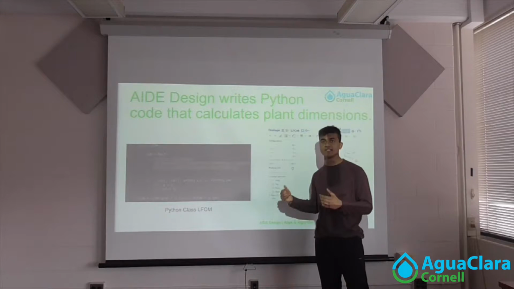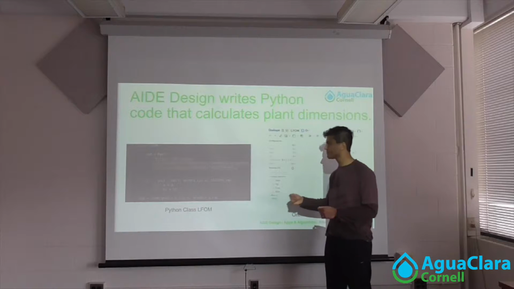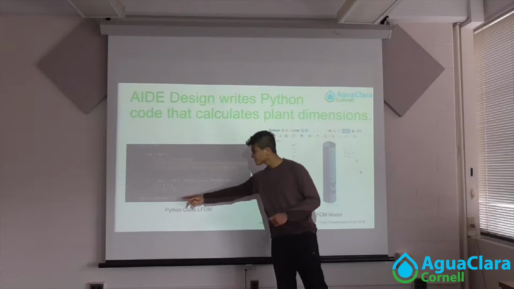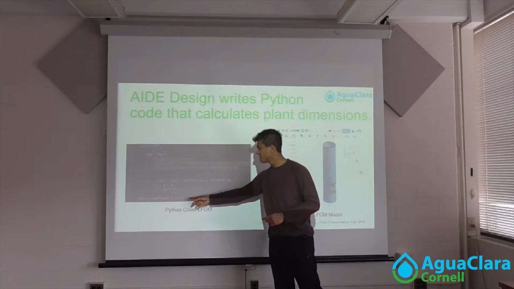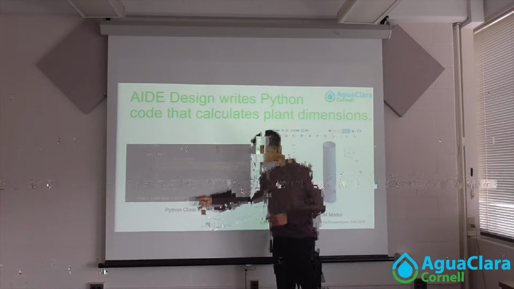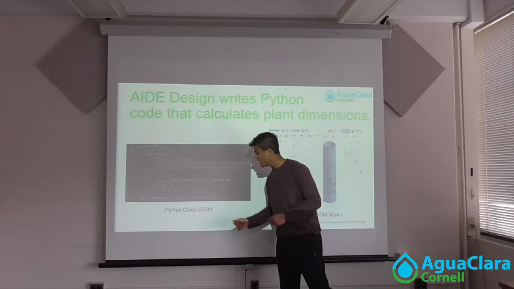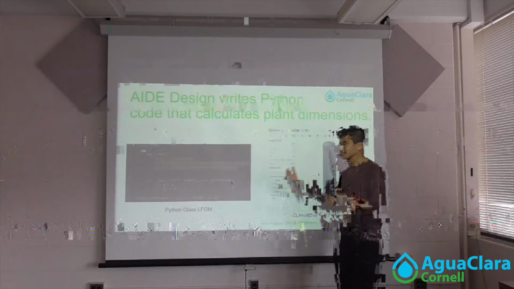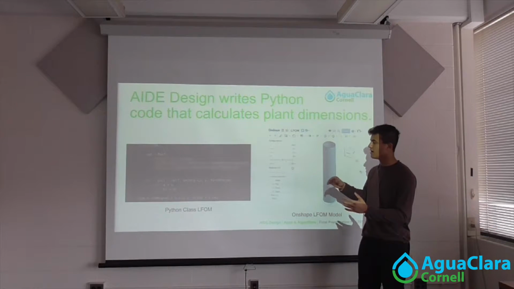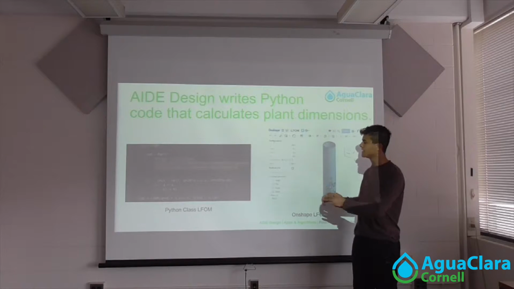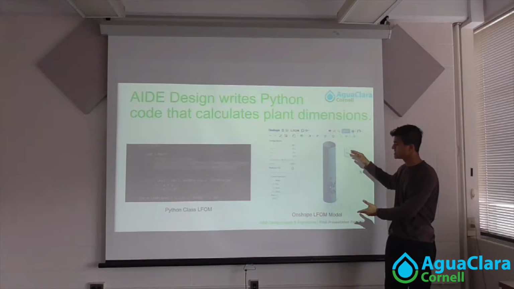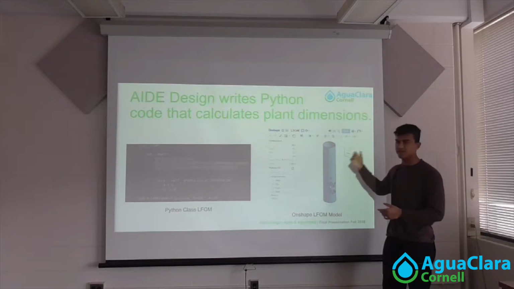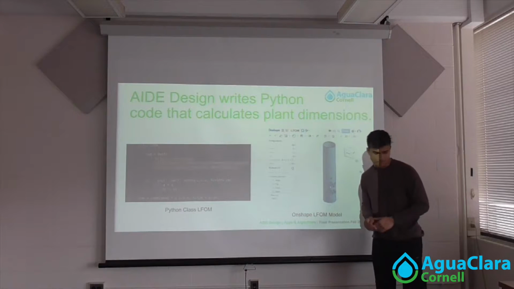And this can be done using knowledge from the Agua Clara textbook. So basically here, we can initialize an Elefante object with flow rate 40 and head loss 30, and then we can use that to calculate other things. And then basically, once we've done that, we can re-access the Onshape Elefante model and reconfigure it from there.